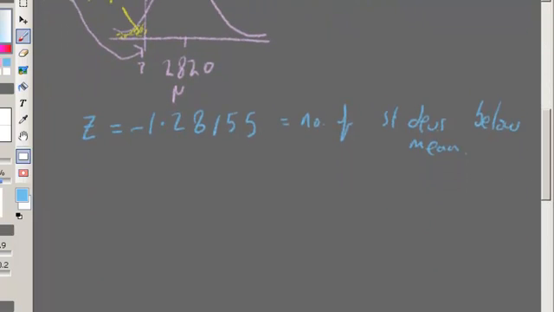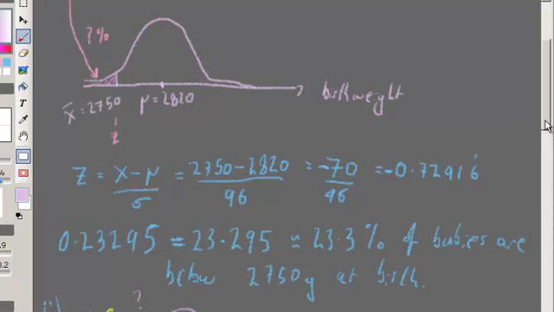So the number we want to know, what should x be? Well, it's got to start from the mean and take off this number of standard deviations. The standard deviation was 96.